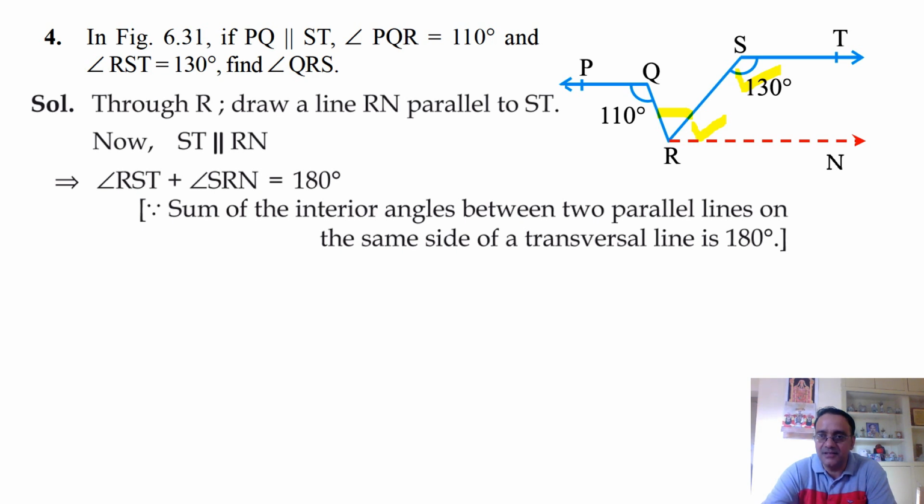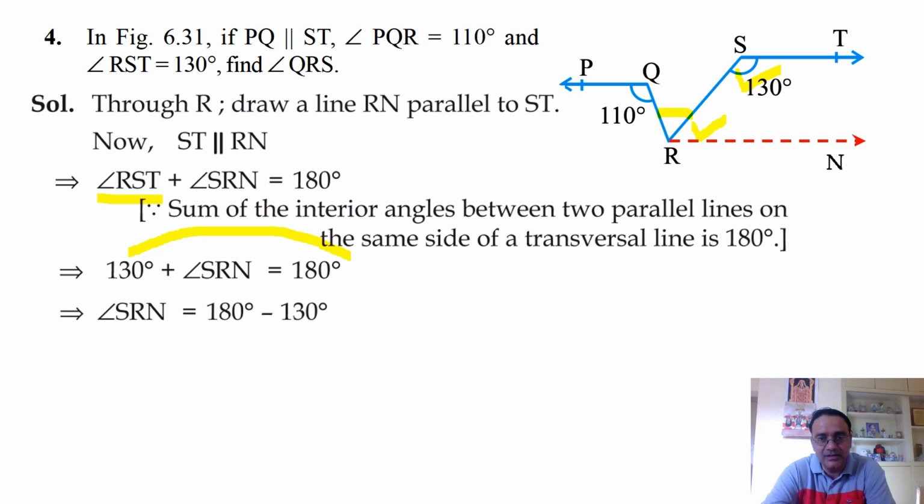So reason आएगा, sum of the interior angles on the same side of the transversal line is 180 degree. Now we'll shift 130 degree to this side, so it will become minus 130. So 180 minus 130 will be 50 degree. So let it be equation number 1.